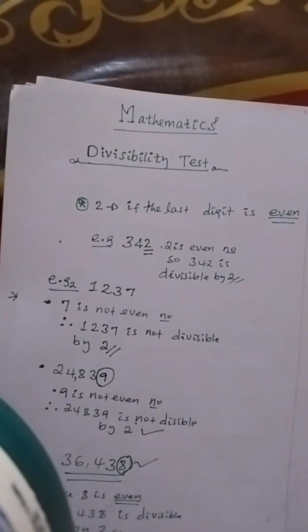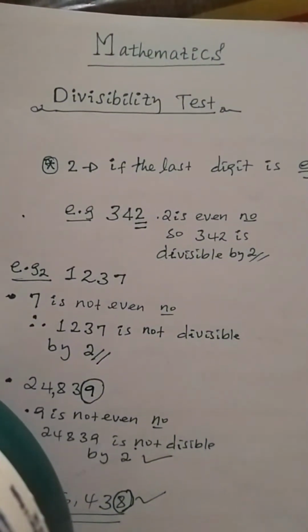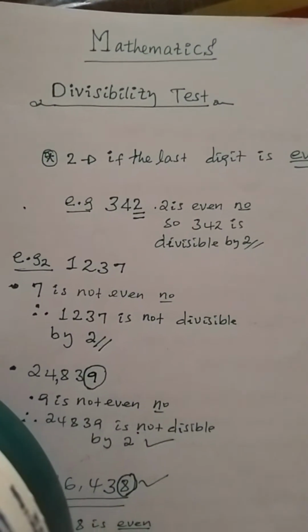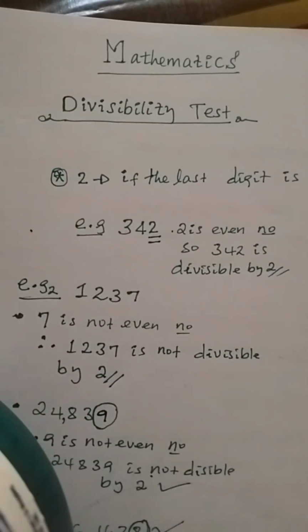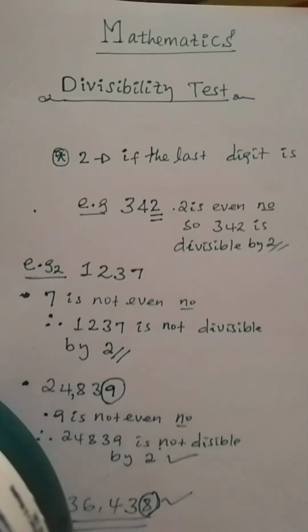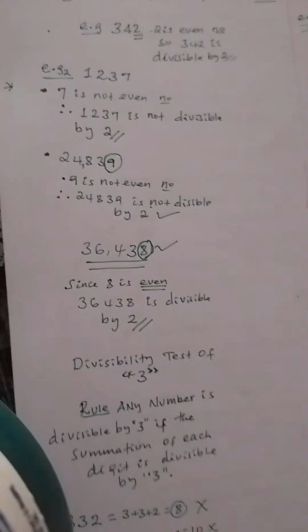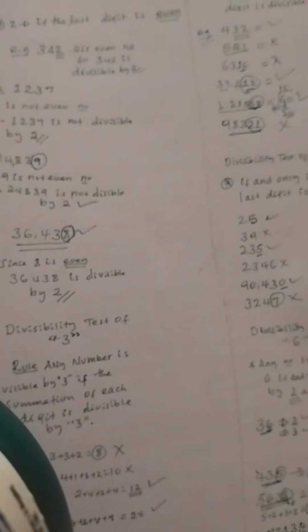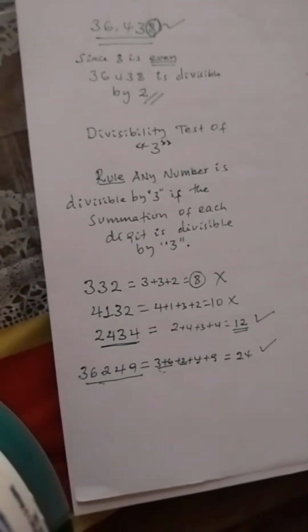Our today's topic was the divisibility test, where we test whether each number is divisible by other numbers. In the future we will see the integer number system, the rational numbers and irrational numbers, and how we check whether a number is rational or irrational.